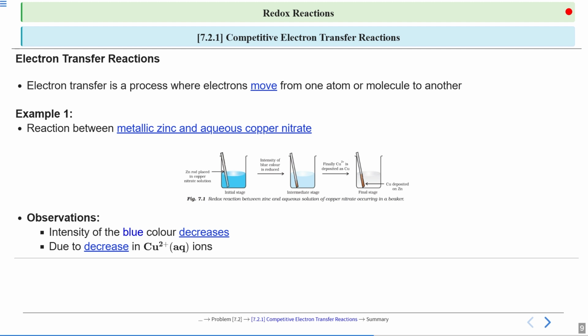So there must have been some loss of electrons which have been gained by another species, which resulted in the observed result. We can understand this decrease in Cu2+ ions with the help of the reaction taking place between zinc and copper nitrate solution.